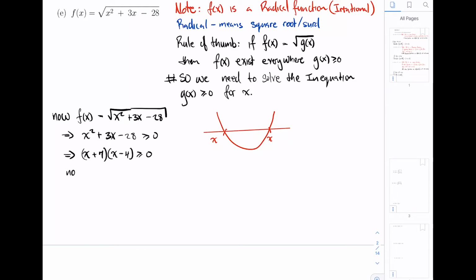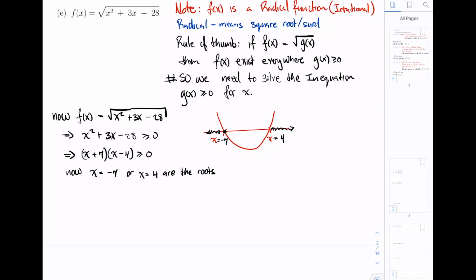So now we see that x equals -7 or x equals positive 4 are the roots. So this means we have a -7 right there, and this means we have a positive 4 right here. And in order to solve the inequation, we need to say that x is less than -7, right?